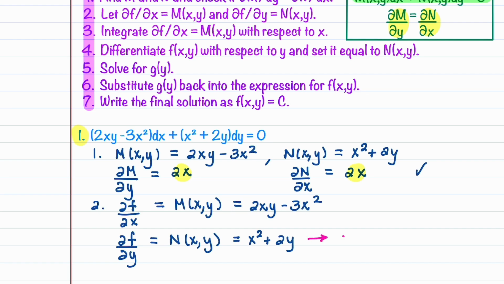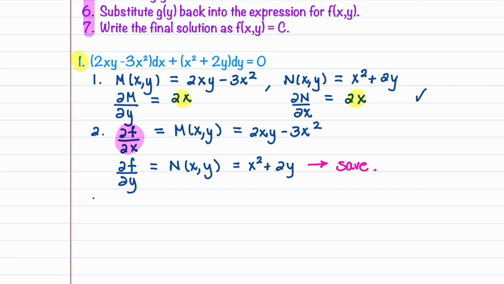We're going to save this for later, and now we're going to work with the partial derivative of f with respect to x. Let's go ahead and rewrite that function. We have the partial derivative of f with respect to x is equal to 2xy minus 3x squared.